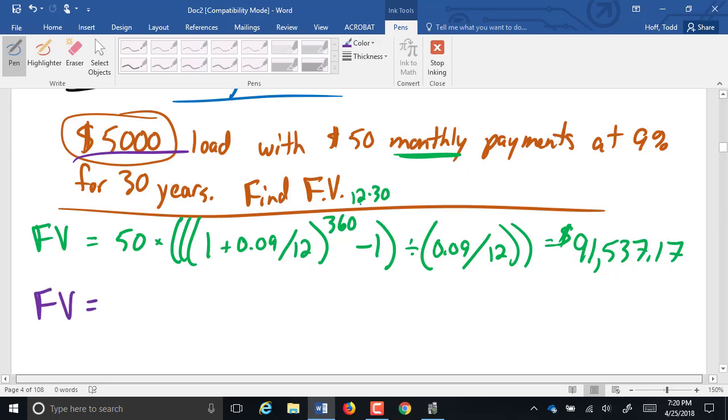This is simply compound interest. It's a single payment sitting there for 30 years. So it's $5,000 times, only one, open parentheses, 1 plus 0.09 divided by 12, close parentheses, to the power of the 360 periods.